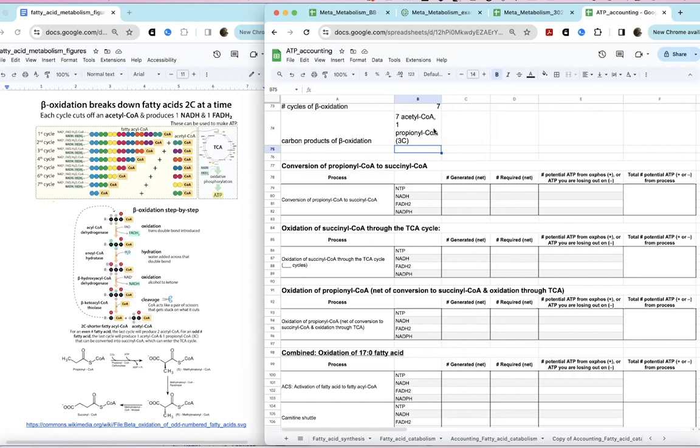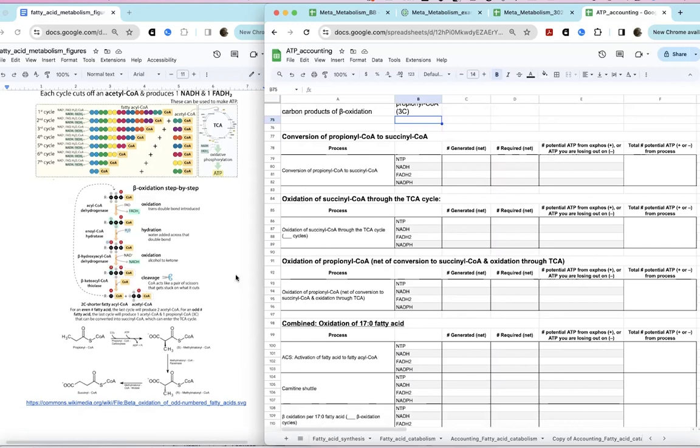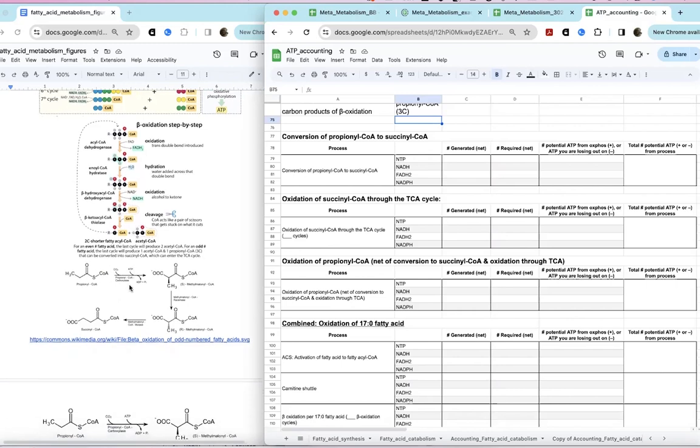In fact, everything else about the breakdown of this fatty acid is going to be the same. We just have to think about the propionyl-CoA, as well as the fact that now we have 7 acetyl-CoA instead of our 8. Okay, so what are we going to do with that propionyl-CoA? What we're going to do is we're going to convert it to succinyl-CoA. We can convert it to succinyl-CoA in a couple of steps, the first of which is going to actually need ATP.